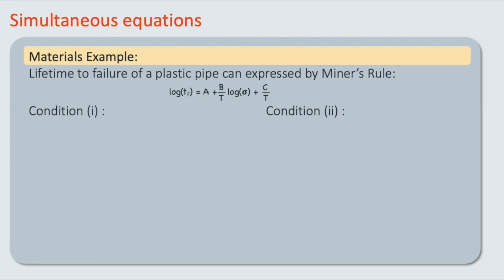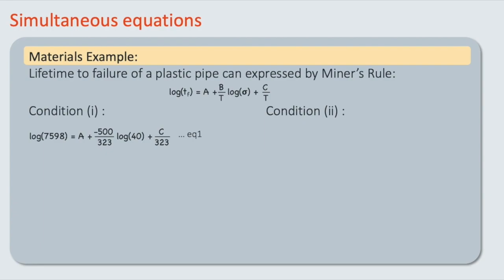We get log of 7,598, which is equal to A plus -500 divided by 323 multiplied by log of 40 plus C divided by 323. We'll call this equation 1.